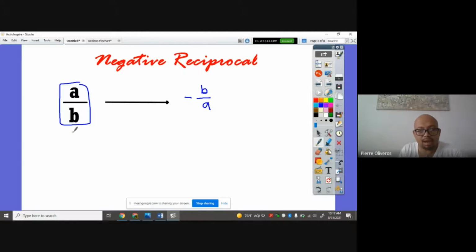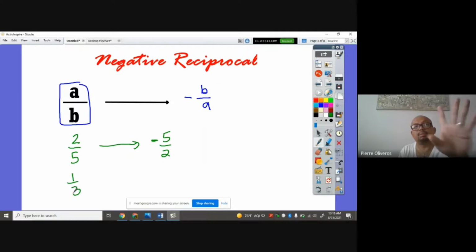For example, if I have 2 over 5, the negative reciprocal of 2 over 5 is 5 over 2, but since this is positive, it will become negative. And let's say 1/3. If the slope is 1/3, the 1 will go down, the 3 will go up. So this will be 3 over 1, which is just 3.